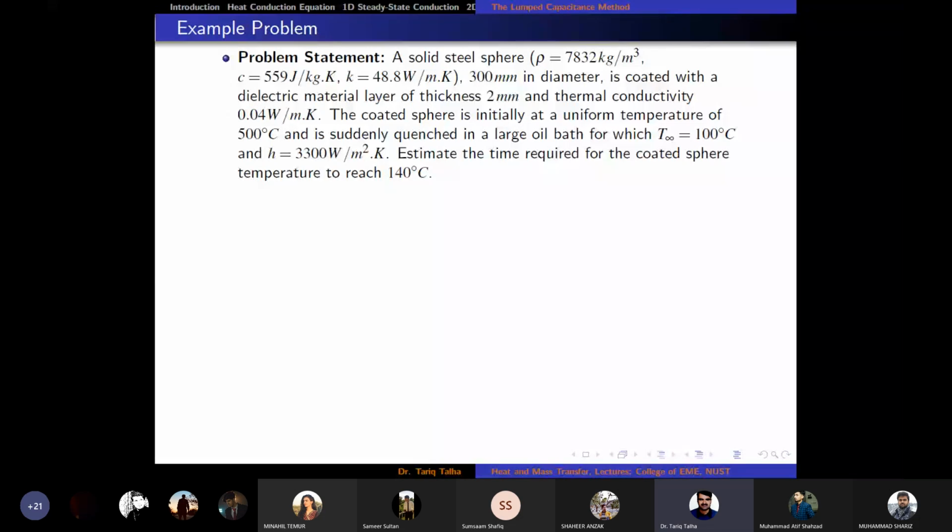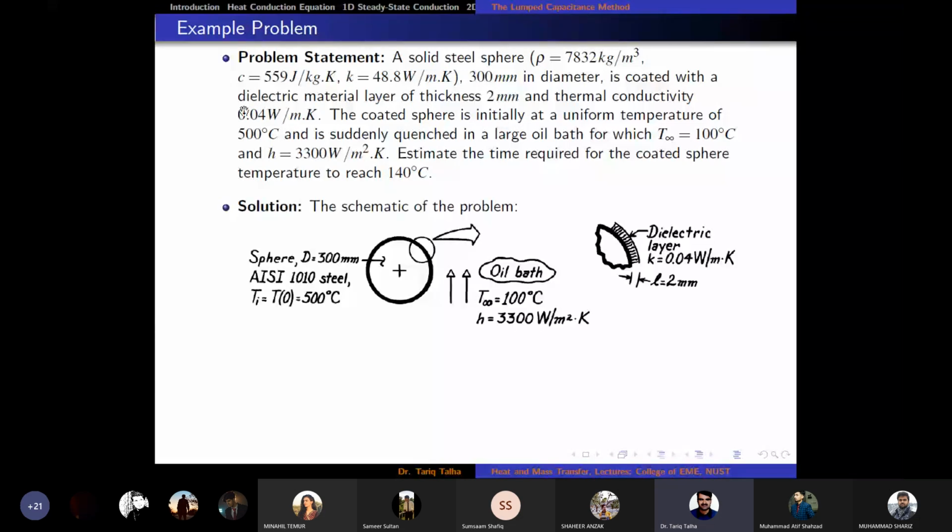If you remember, we talked about the overall heat transfer coefficient, which was represented by the symbol U. U was equal to 1 upon R, total resistance, into area. So we would make use of that.